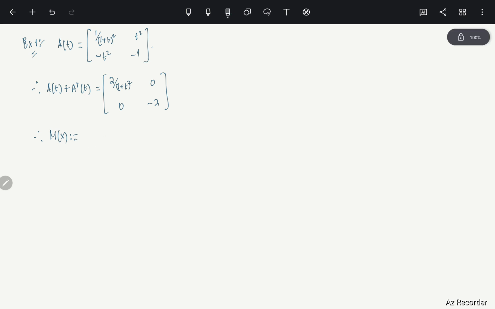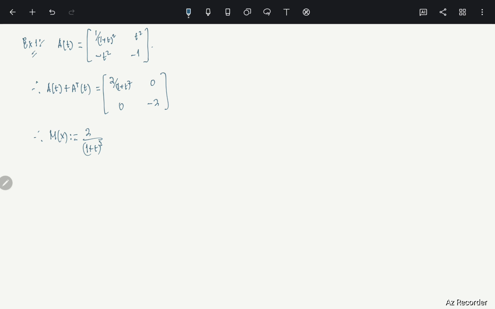For this, the eigenvalues are 2 by 1 plus t square and minus 2, since this is like a diagonal matrix and the eigenvalues are basically the diagonal elements. Between minus 2 and 2 by 1 plus t square, the maximum is 2 by 1 plus t square. So m(t) is 2 by 1 plus t square. That's just the definition.